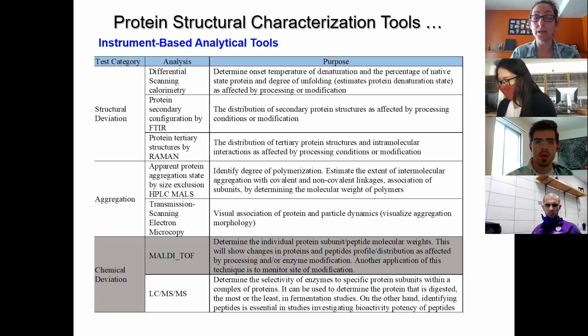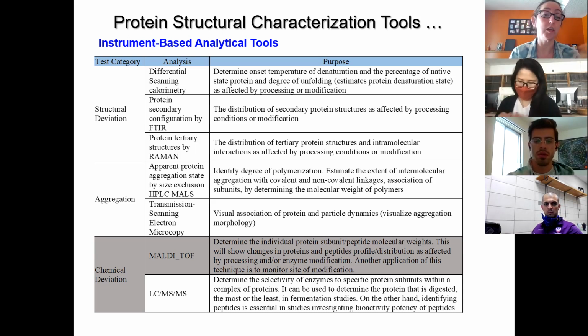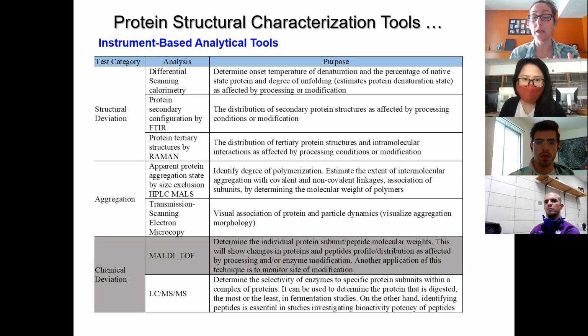Proteins can be stained green, and I'll give you examples later on of CLSM pictures and images, but you can look at the three-dimensional network of a protein in a cheese sample, for example, or in an emulsion. You can determine where the protein is located at the interface compared to the continuous phase.